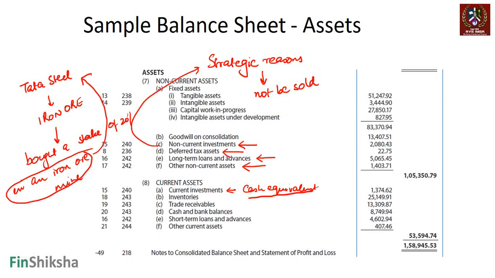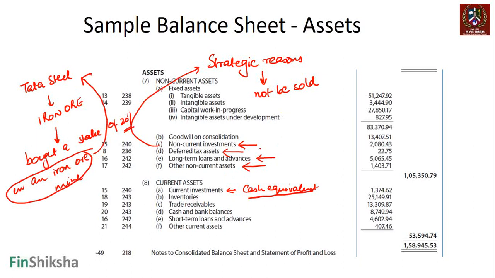If you're buying a stake in your vendor, it is typically for long-term reasons, and so logically you will not sell it immediately. That's what non-current investments would look like. Typically, you will find most of these are strategic investments in other companies, and obviously these are small investments of 10, 15, 20%. If it was more than 50%, it would anyway have been consolidated. The assets would have come here, right?